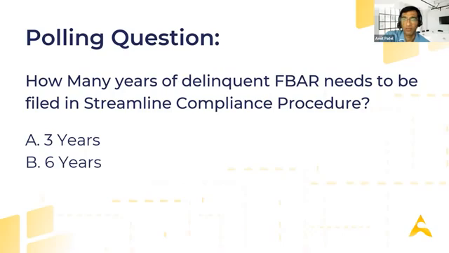We have around 57% people who voted for 6 years and around 45% who voted for 3 years. That's a very close call, I see. Okay, I didn't expect this. Under the streamlined procedure, you can file 3 years of tax returns and 6 years of FBAR.